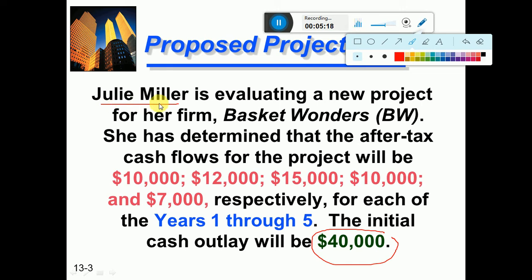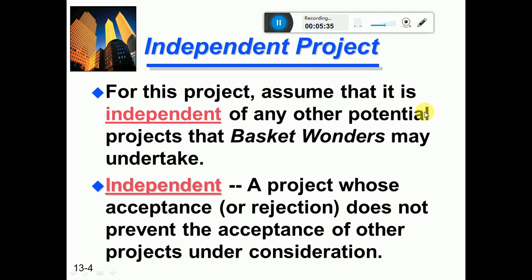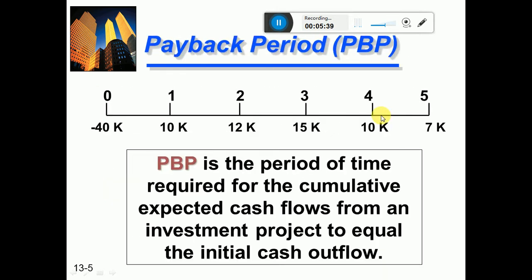But keep in mind, Julie Miller's requirement here is to determine and know about the payback in our example. So what is payback? I am just explaining it here with this example. Look here. The payback period is a period of time.